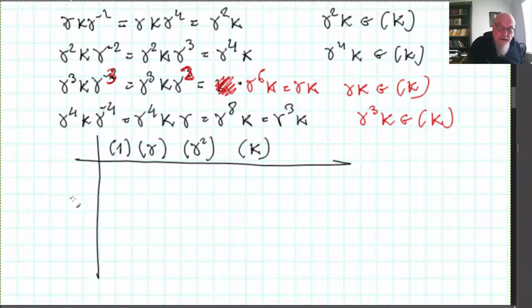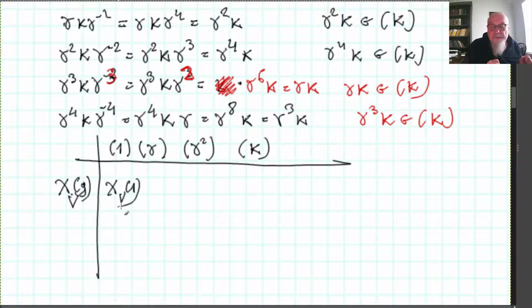And here we have the values of the character. This is the trace of a matrix, and this will be G. So this is my V, and this is the value of kappa on G. So you take the value on 1, so that means this will be V on 1.